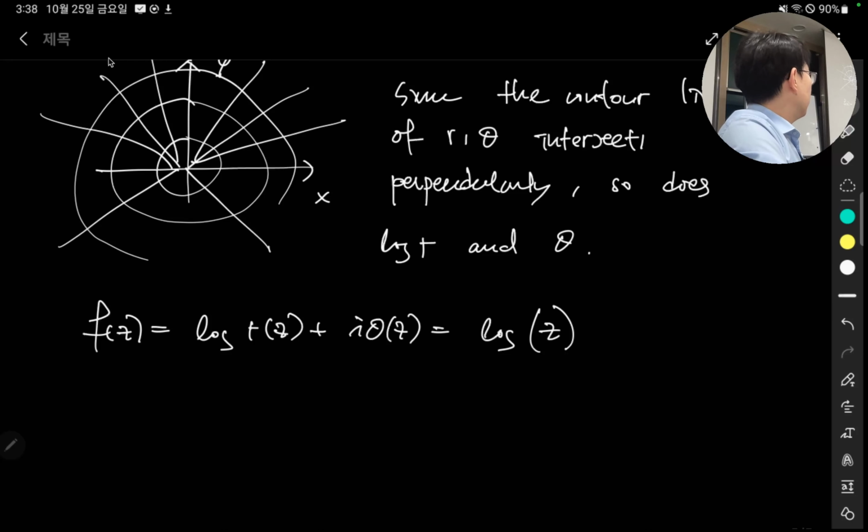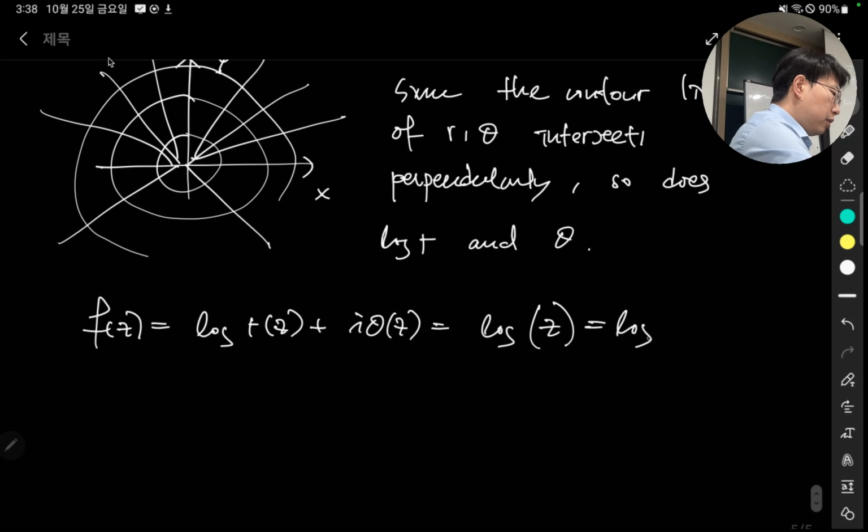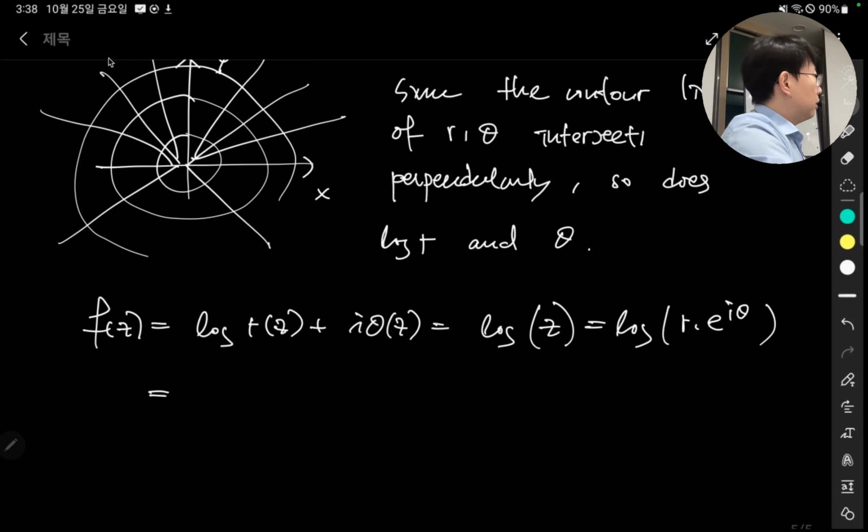Also, you can represent your z as r times e to the power of i theta, which is the polar expression. It could be weird to take a log of a complex number, but you will learn in the engineering math 2 course that the log property holds for complex numbers.